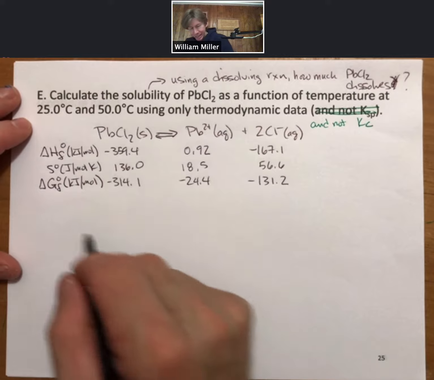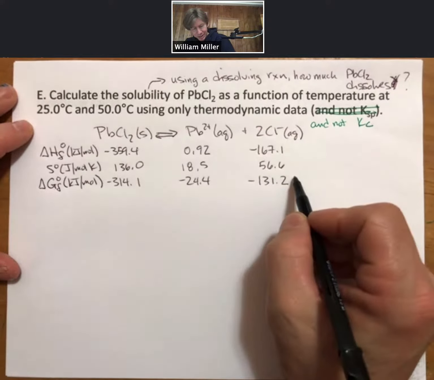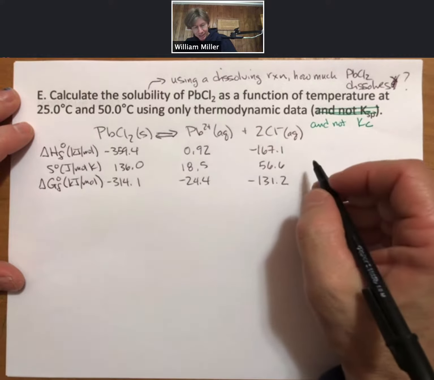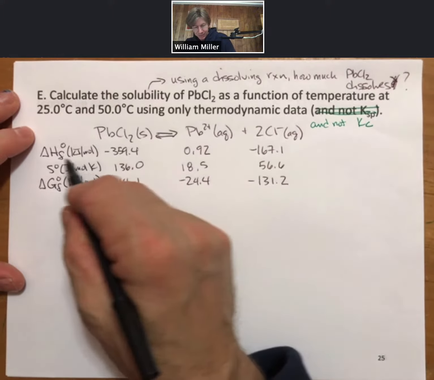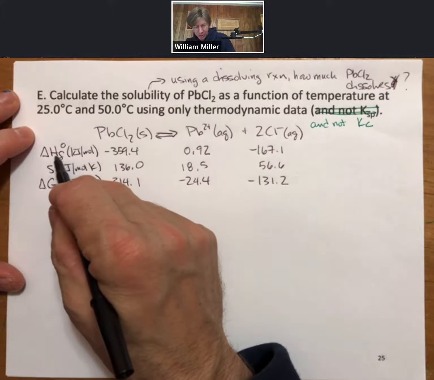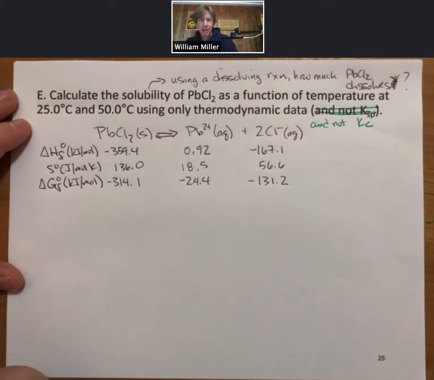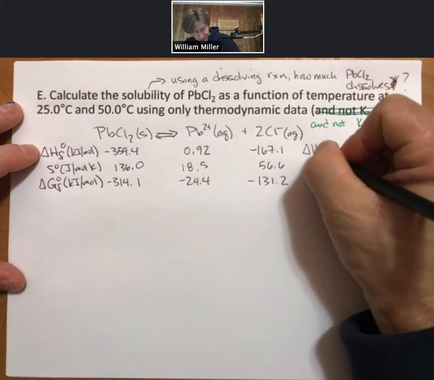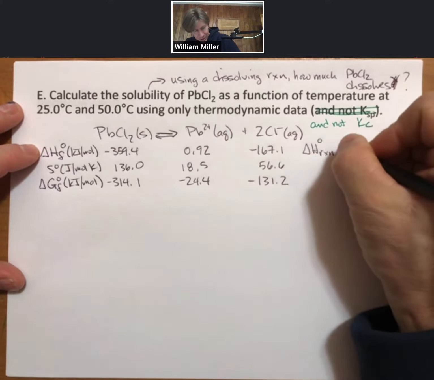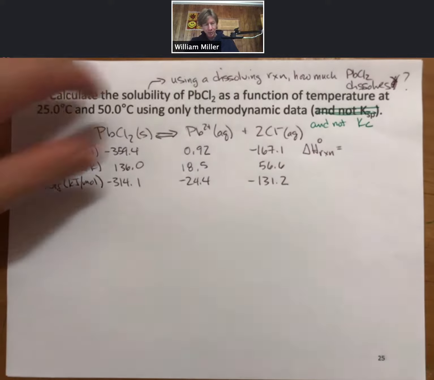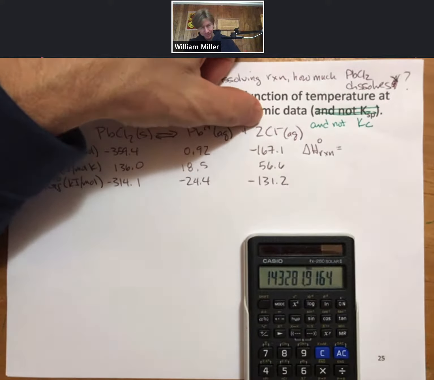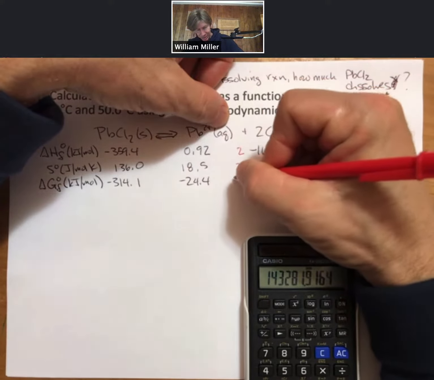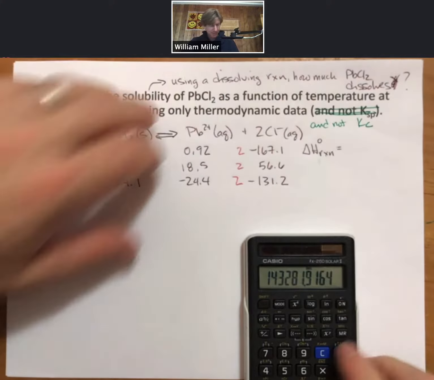Good. Now that you've got all your data written down, we will start by calculating delta H reaction naught for standard conditions. Same thing for all three of them. Now remember to include the 2 here, so I might just write this 2 in here so I don't forget.